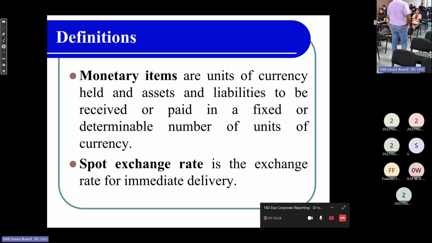Fixed deposits, are they monetary or non-monetary? There is an investment. Investment, monetary or non-monetary? Monetary. There is a fixed and determinable unit of currency. So monetary. Okay.